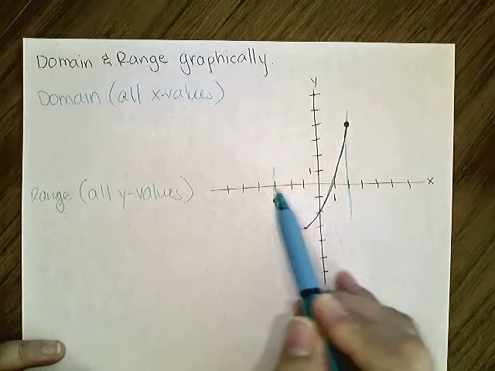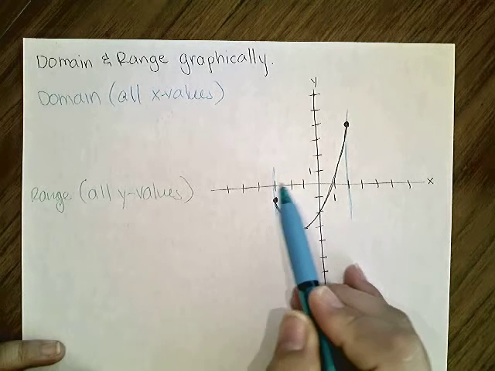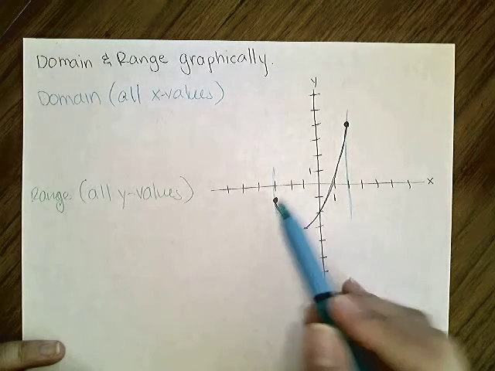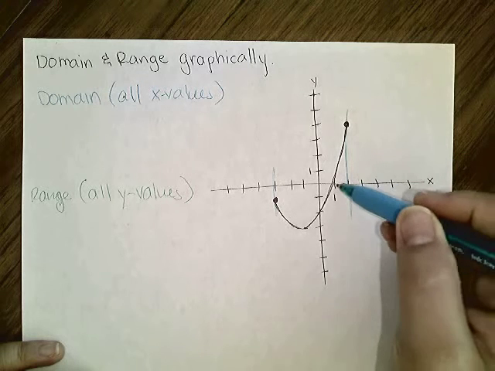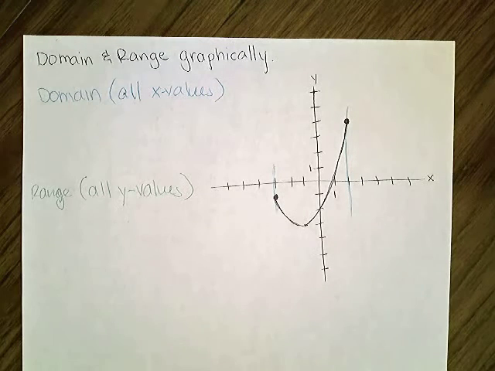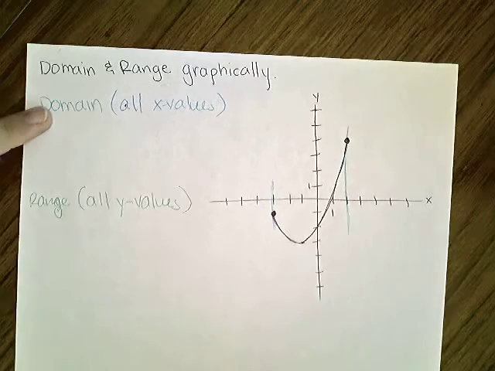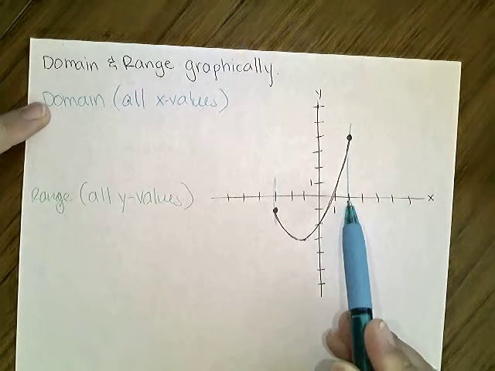The value here that's the farthest to the left is at -3, and the value here that's farthest to the right is +2. So our domain is between -3 and +2.